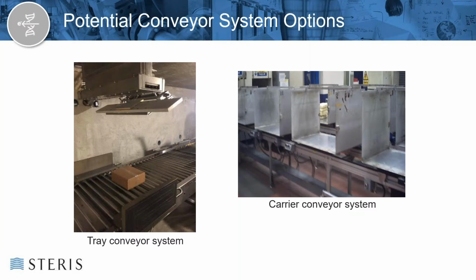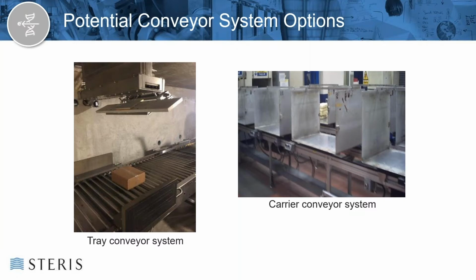On the right, that carrier system, conveyor system does not require a separate tray. It consists of a kind of a tray conveyance system. What you see there is a setup for a horizontal beam arrangement. So in this case, the beam would irradiate the carriers from the horizontal side into the open walls of each one of those carriers.